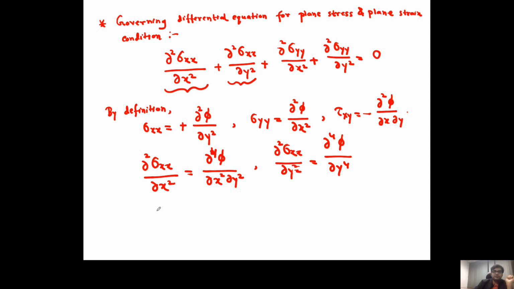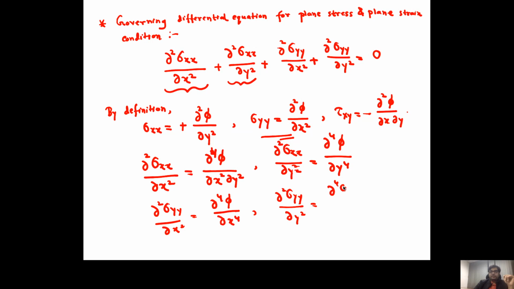Let us go to the third term. We have del 2 sigma yy by del x2, and here is your sigma yy. So this will give you del 4 phi by del x4, and the last term, del 2 sigma yy by del y2, will give you del 4 phi by del x2 del y2.